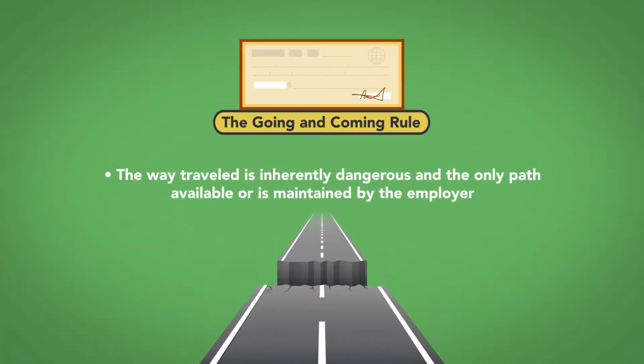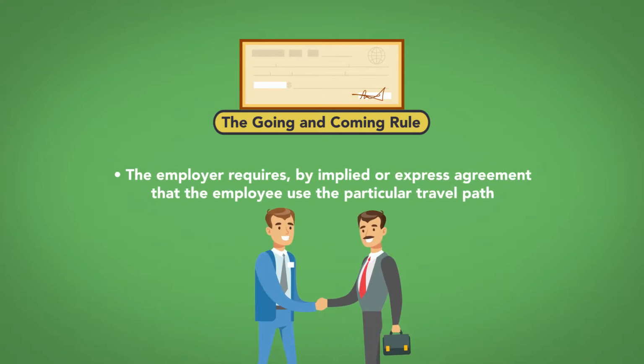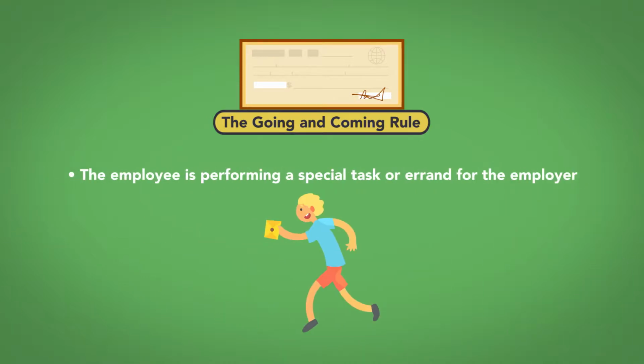The way traveled is inherently dangerous and is either the only path available or is maintained by the employer. The employer requires by implied or express agreement that the employee use the particular travel path, or the employee is performing a special task or errand for the employer, known as the special errand exception.